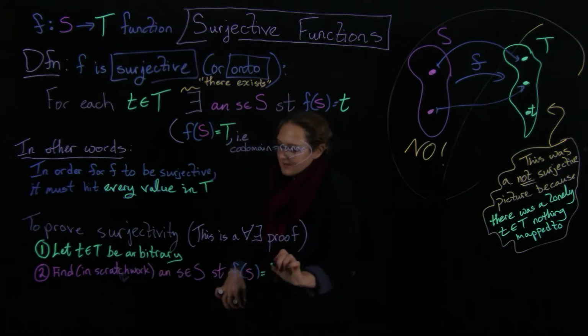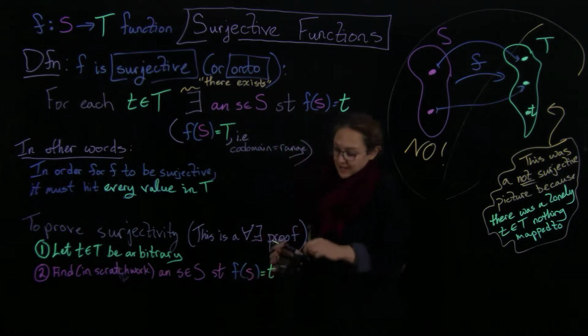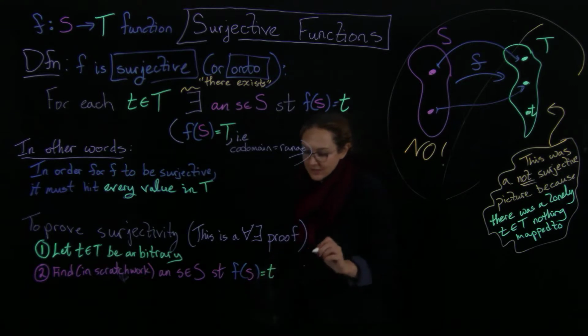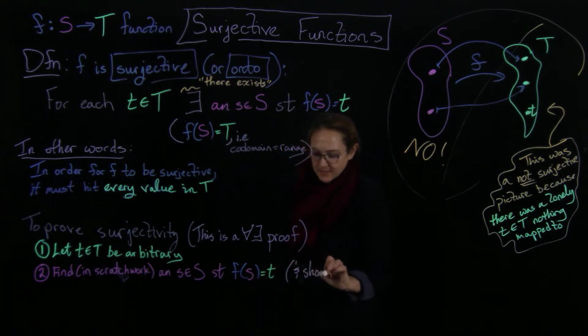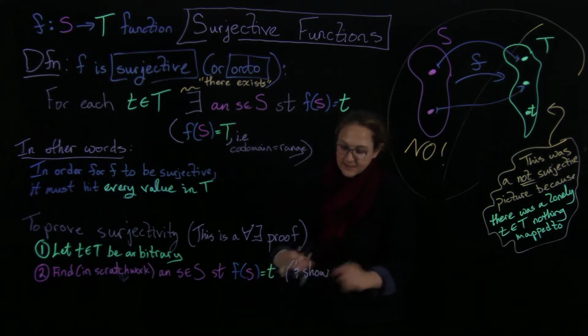And then the part that you actually include is that you do need to show it works. That means show that f of s equals t.